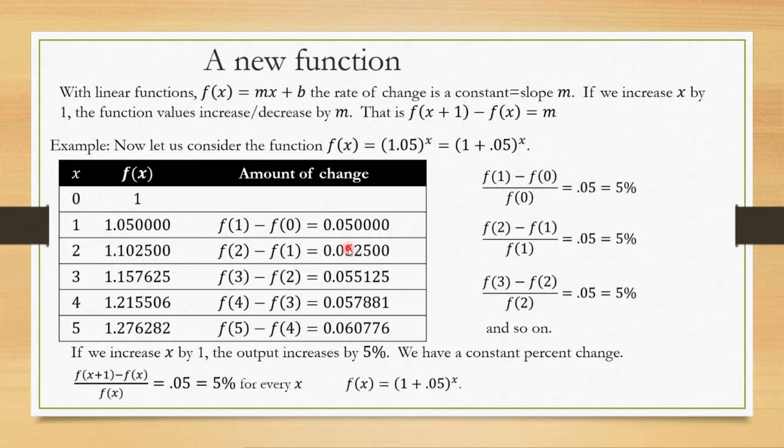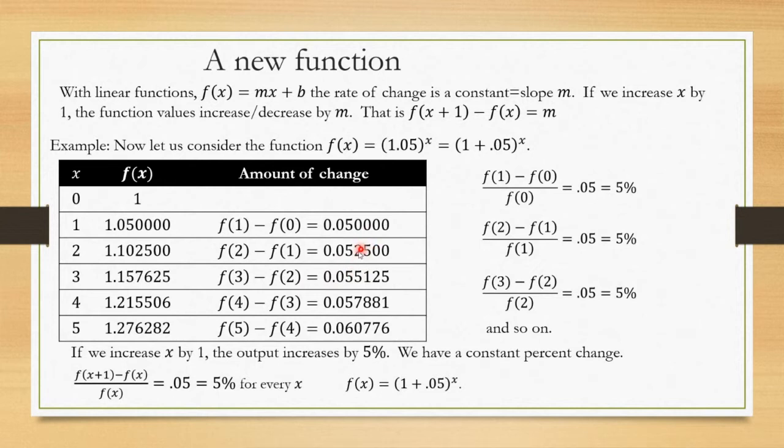It's increasing by more. So the output is changing by more, not by the same amount as here. Here also, f of 3 minus f of 2 is not a constant. It's not the same value as here or here.